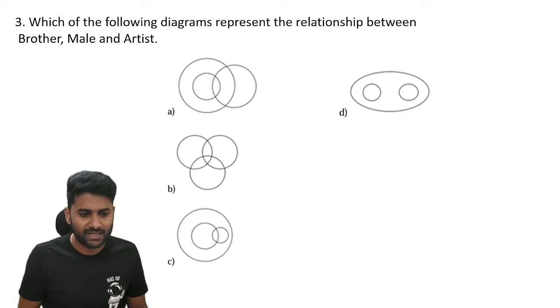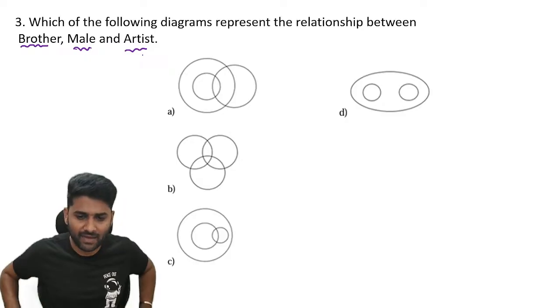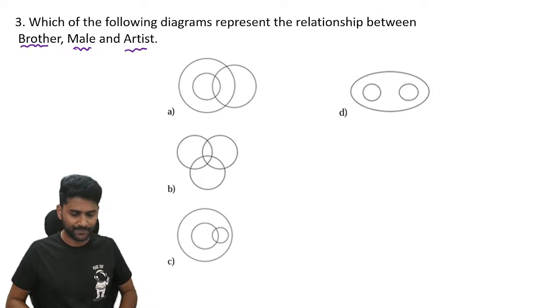Now let's find the relation among these three words: brother, male, artist. So we have four different pictures. Which diagram satisfies this condition?